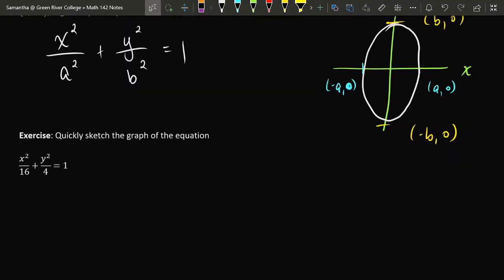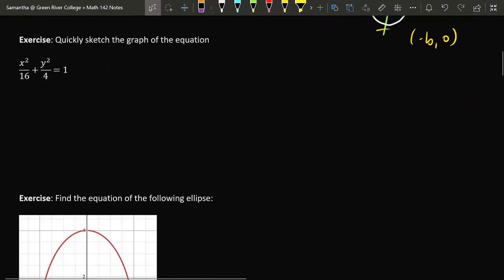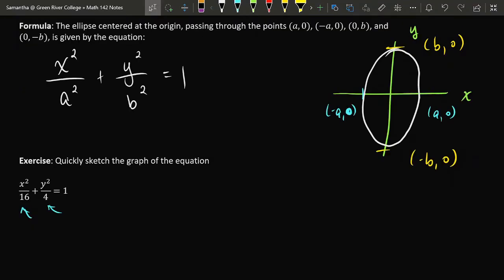As a quick example, suppose that we were going to sketch the graph of the equation x squared over 16 plus y squared over 4 equals 1. Now if I compare that with the previous formula, what we're saying is that 16 is taking the role of a squared and 4 is taking the role of b squared.